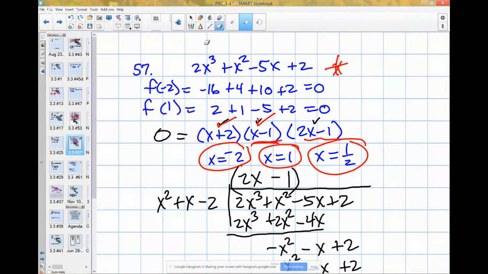And 2 times 1/8 is 2/8, which reduced is 1/4. 1/2 squared is 1/4. 1/2 times negative 5 is negative 5 halves. And lastly, we have plus 2.